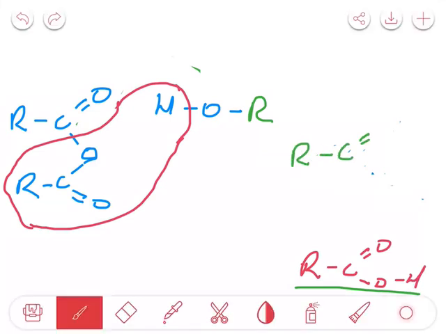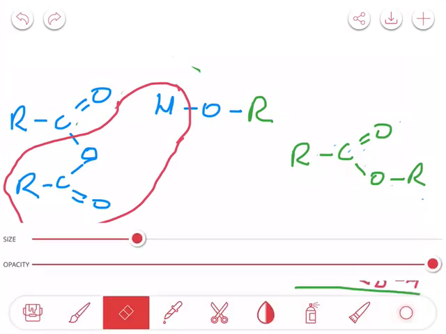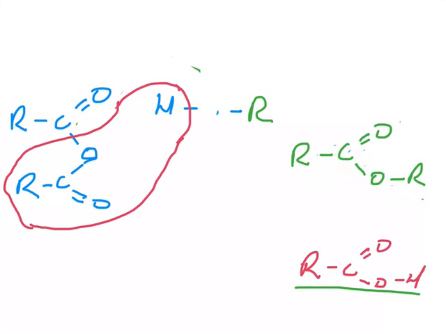But what is different now is I'm going to get my ester instead. Any of the derivatives with an alcohol will give you the ester, and it will either give you water, or HCl if it's with the acid chloride, or in this case it will give you the carboxylic acid.